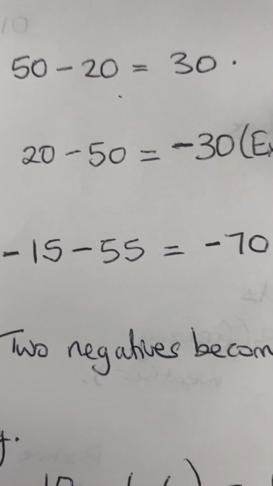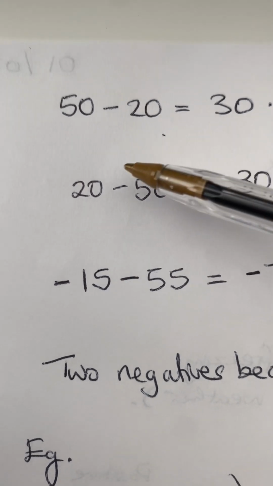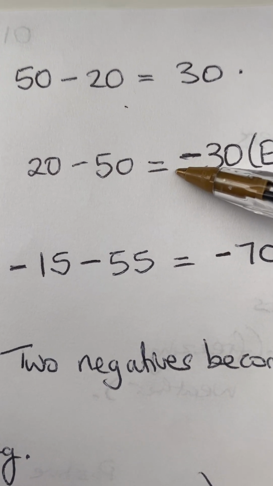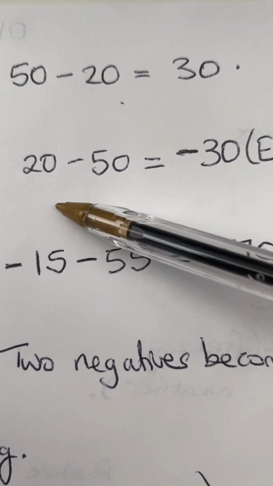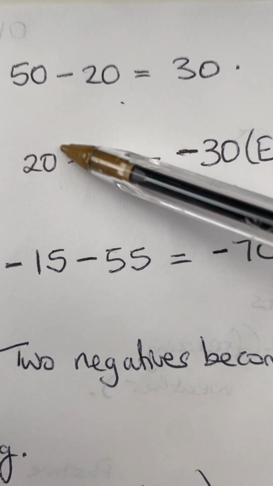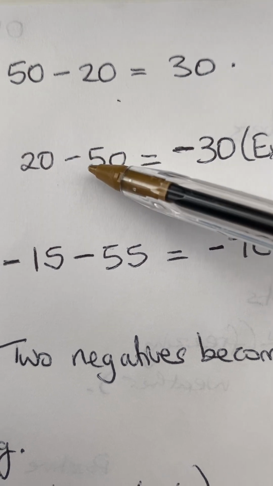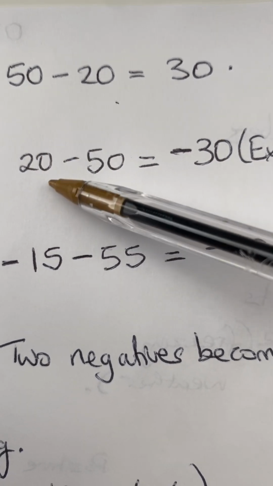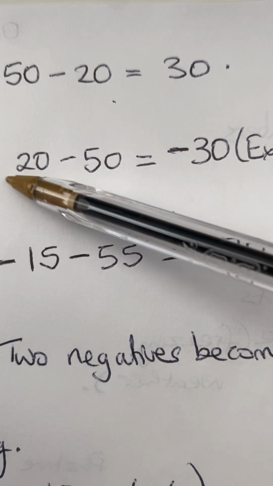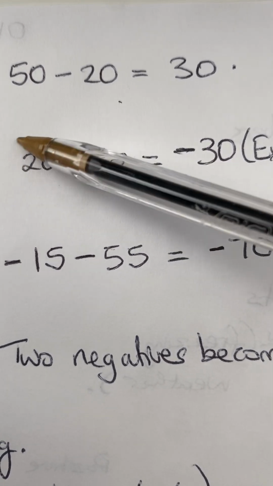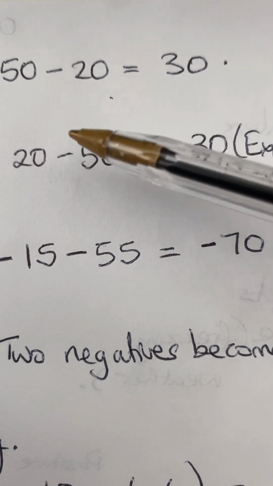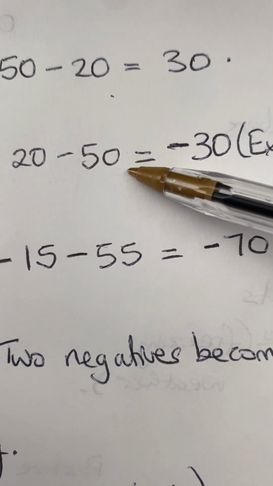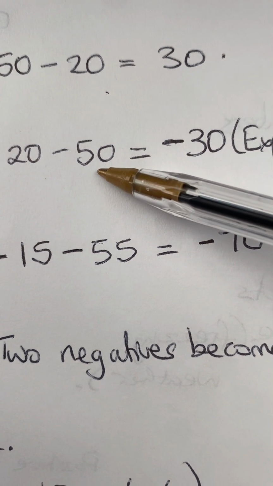But assuming you had 20 minus 50, then because the first number is smaller than the second number, what it means is you had only 20 pounds, assuming it's money, and you went to the machine and withdrew 50 pounds.